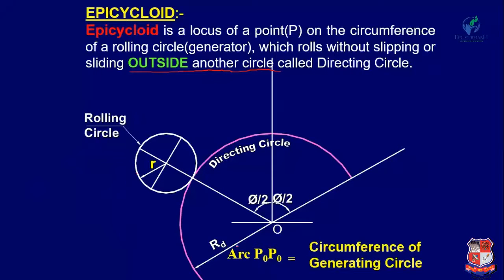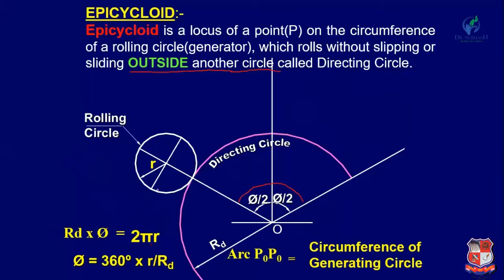Now here this arc P0P is the circumference of the generating circle. Therefore, you can find this angle phi. RD into phi is equal to 2 pi r. So this angle phi is equal to 360 degrees into small r upon capital RD.